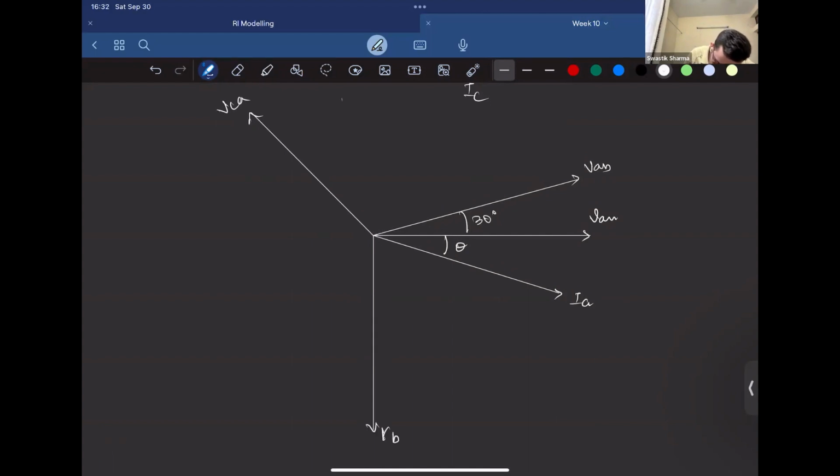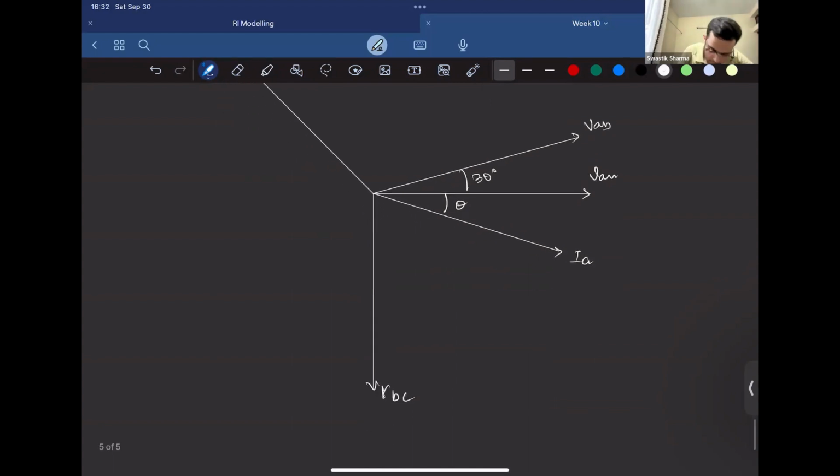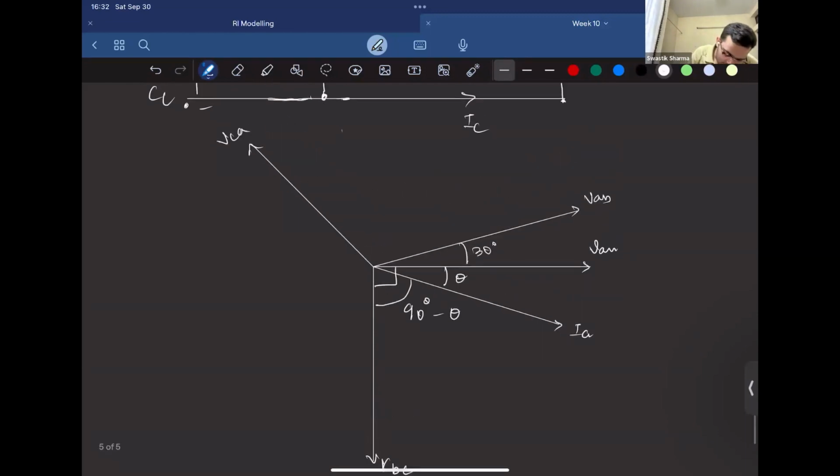That means it lags the phase voltage VAN by 120 degrees. So the phase angle difference is nothing but 90 degrees minus theta, right? So the wattmeter reading is nothing but VBC times IA cos of 90 degrees minus theta, which can be written as this.